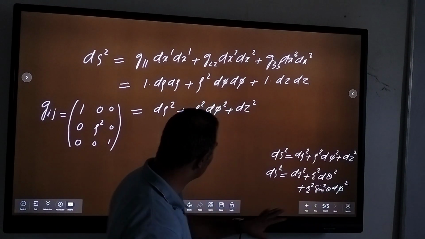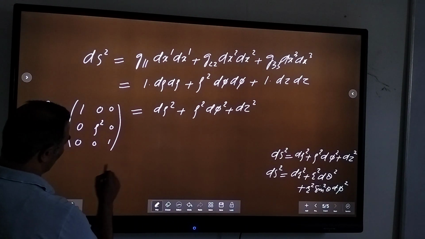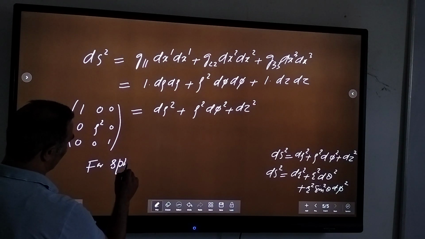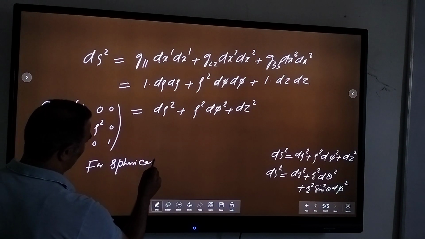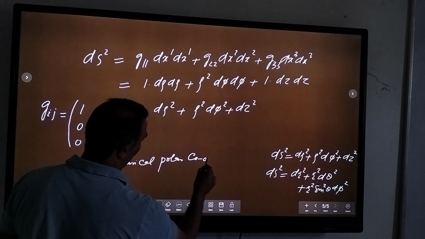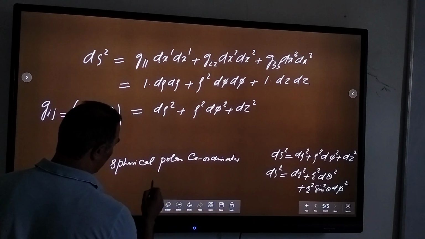Okay, so that means जो हमारा मैट्रिक्स यहाँ पे होना चाहिए किसके लिए? Spherical polar coordinate.